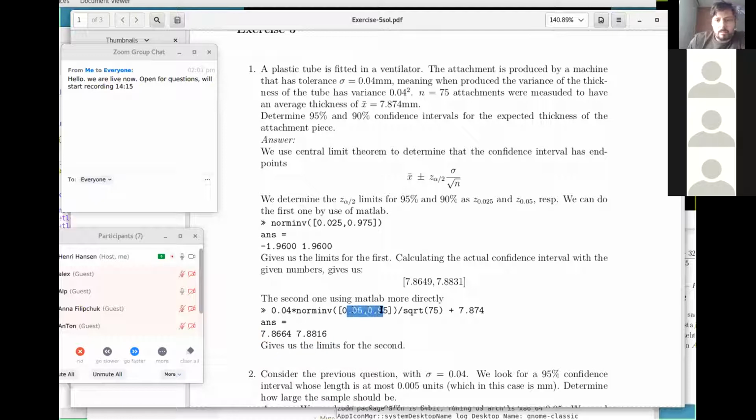I used here 0.05 and 0.95 because this is the second one. It's the 90% confidence interval. So in here you have to understand the 90% is the region that falls between this 0.05 and 0.95.